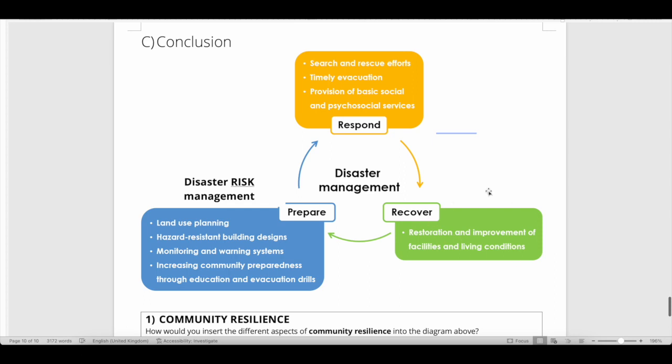In the process of recovering and rebuilding, we also prepare for the next one. For example, providing resources and prevention plans and educating the public to respond and recover quickly. We also build warning systems to evacuate during responses. We also rebuild hazard-resistant buildings over here. So it's like a continuous cycle that's happening.